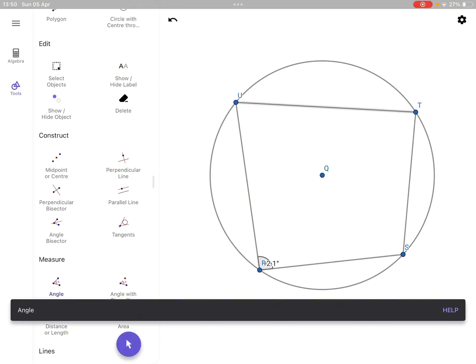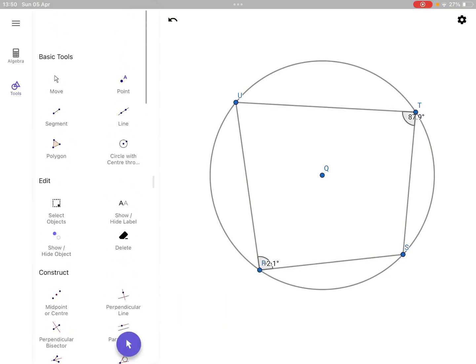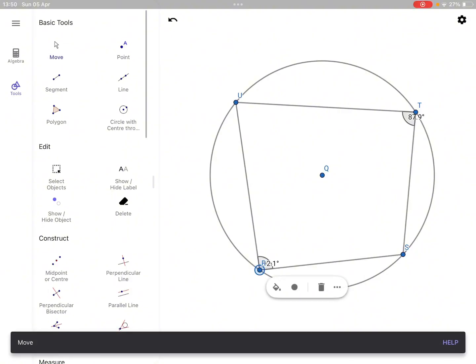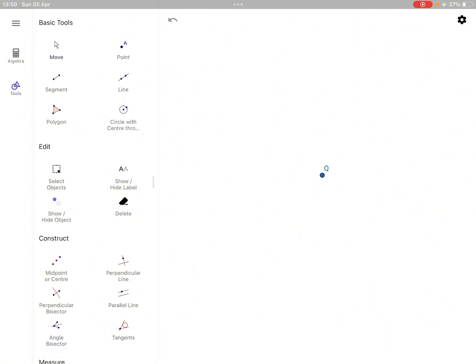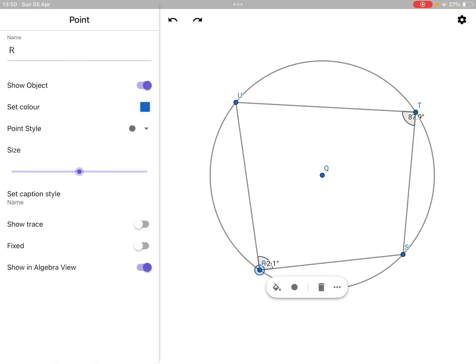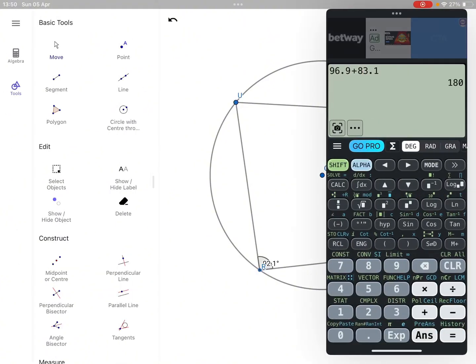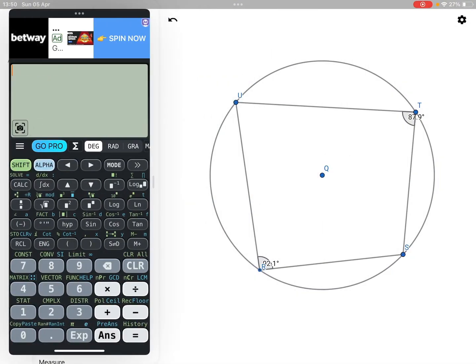Let me reduce the size of this so that we can see this angle. Okay, that is 92. Let's add them and see if indeed they are supplementary. Plus 87.9, that is 180. That means it is true, they are supplementary.